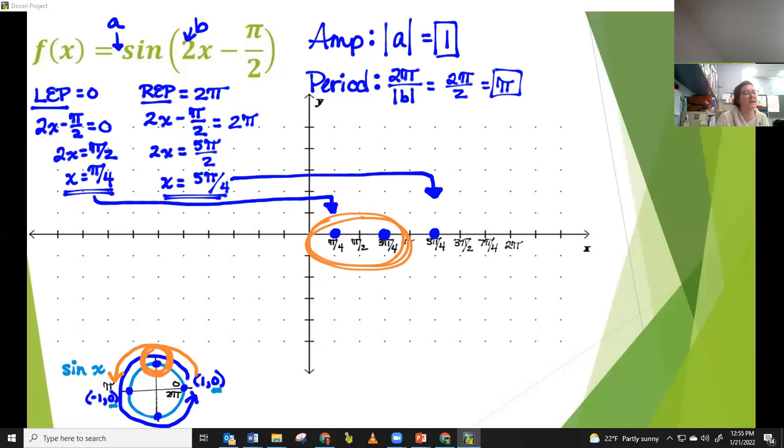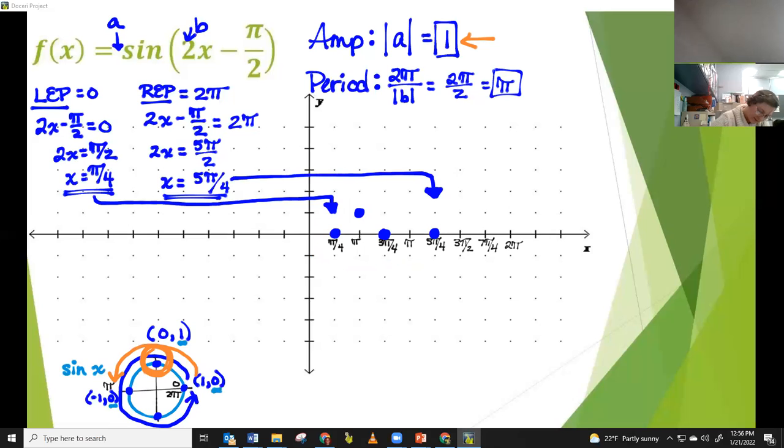Because that's what it's going to hit in between the beginning and the halfway point. What is my sine value up there? 1, yes. 0, 1. So this sine value is going to go halfway in between these two. So at pi over 2, I'm going to go up to 1. And I know I'm going up to 1 because of my amplitude here.